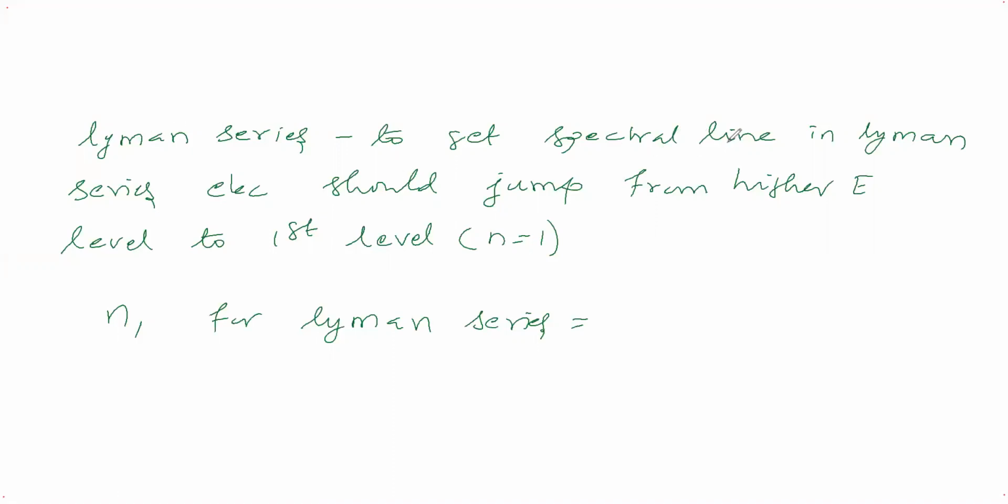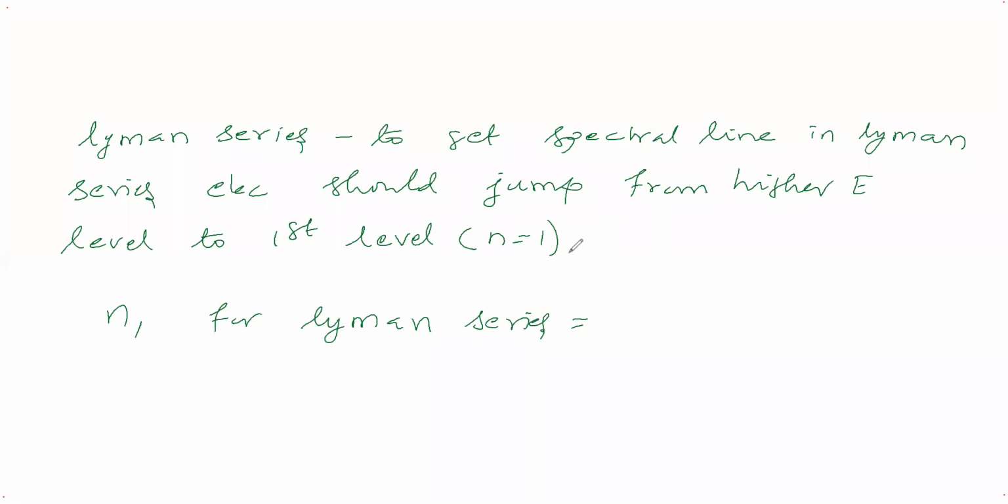Why are you getting spectral lines in the hydrogen spectrum? Because the hydrogen lamp is emitting radiation, and due to that radiation we got spectral lines. Why is the hydrogen lamp emitting radiation? Because of de-excitation.